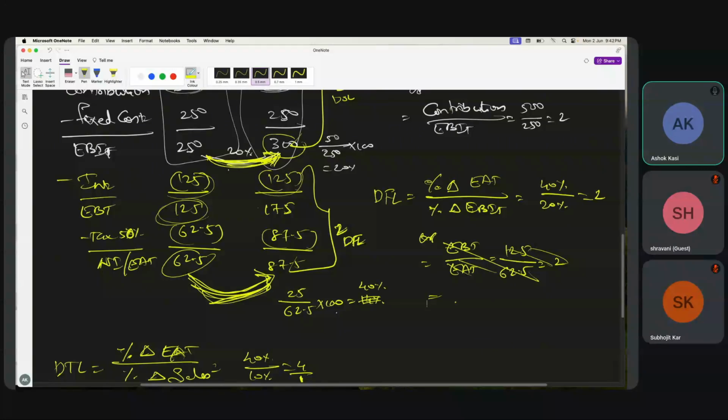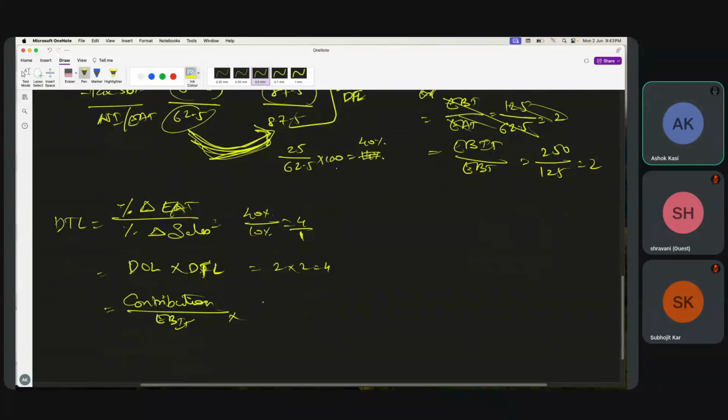It is EBIT, earning before interest and tax, divided by EBT. This is 250 divided by 125, that is equal to 2. So this is degree of financial leverage, and this is degree of operating leverage, divided by EBT.